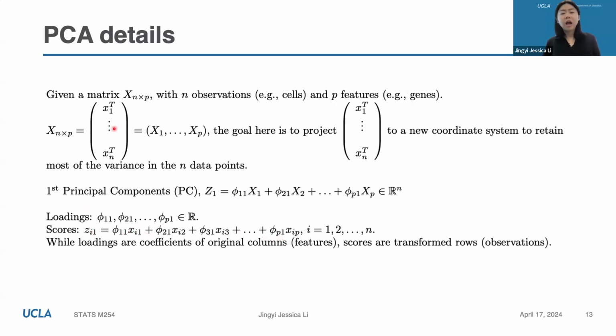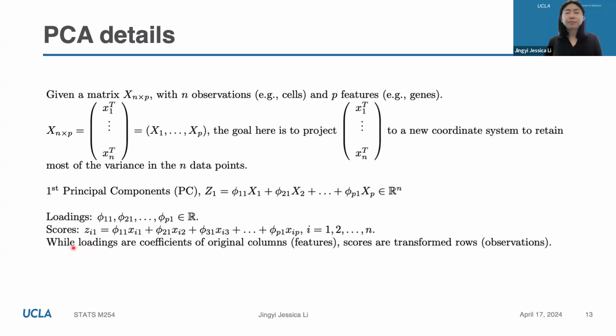So that's the ith row in the matrix, xi1, xi2 to xip, right? So basically, this is just a scalar form for cell i. This is the matrix form for all cells. That's the key. That's just the difference. And zi1 is the ith element in Z1 vector.